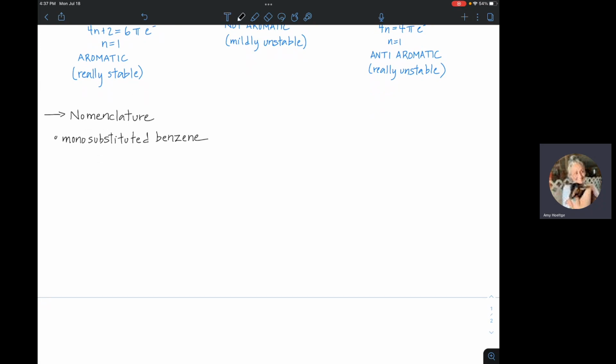So we've got something like a bromo group and then your aromatic ring. This right here is just bromobenzene.